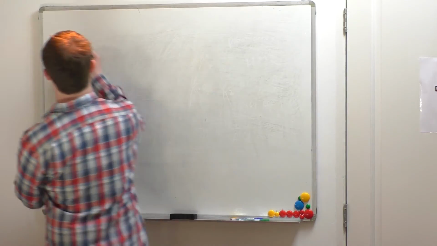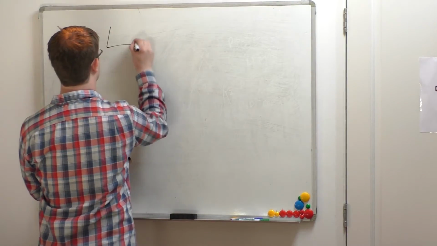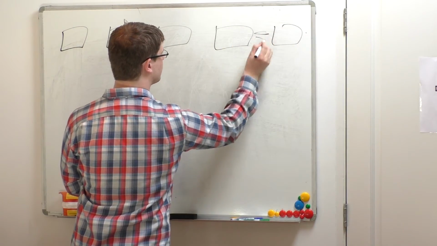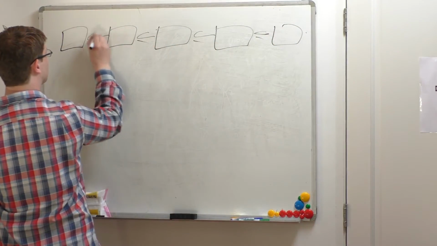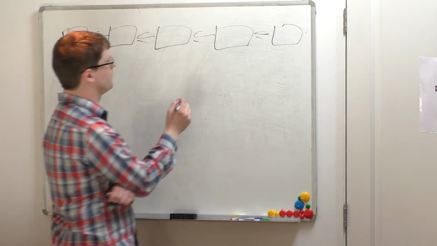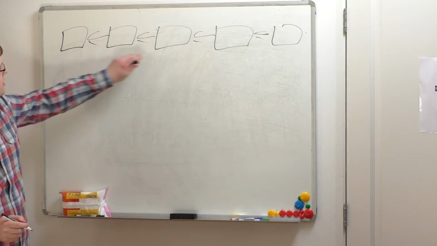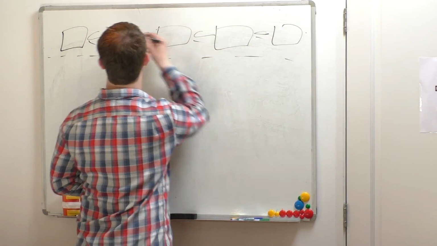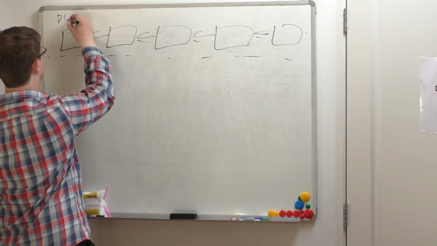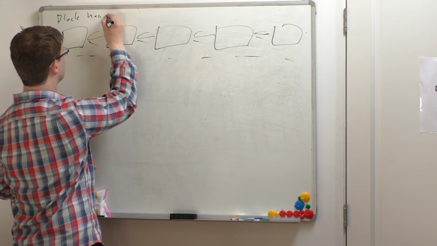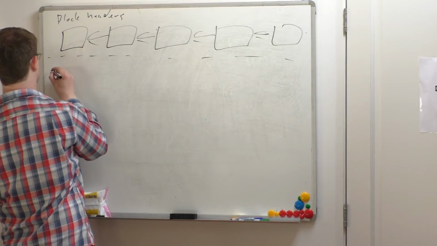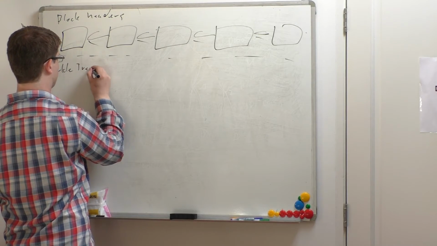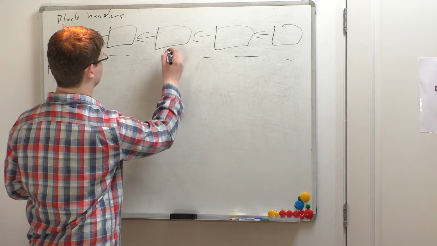Let's go back to the blockchain again. So, the SPV node will always see this, which is block headers. And this part's a Merkle tree.